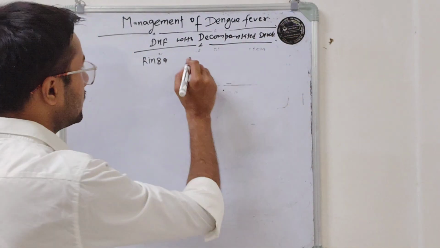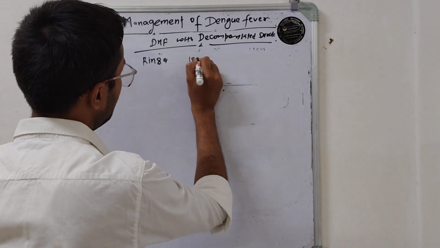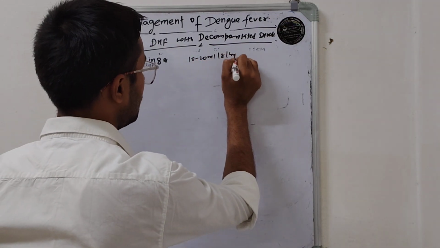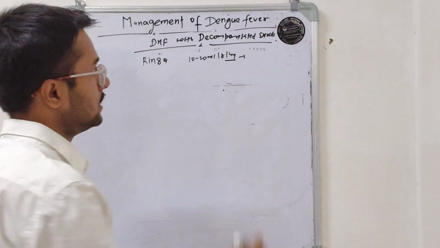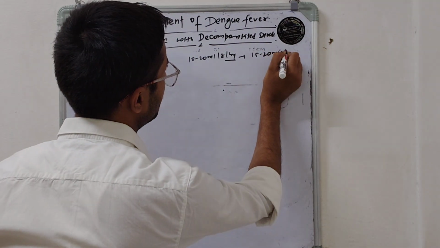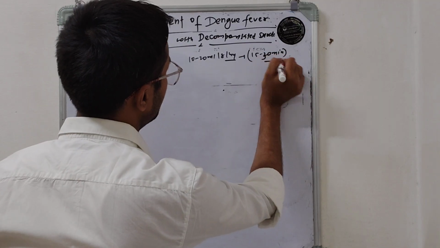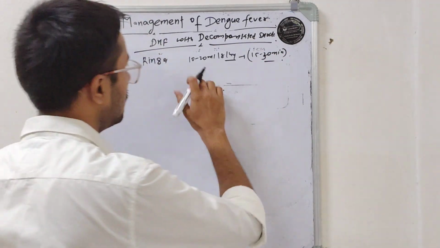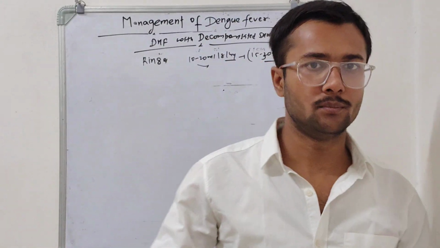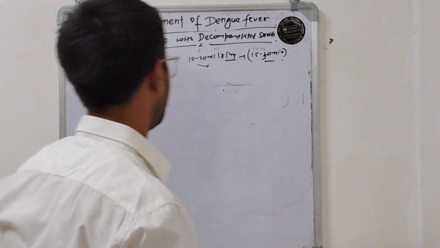Here we start the infusion of 10 to 20 ml per kg per hour, but the duration is 30 minutes. Here we reassess the condition every 30 minutes.